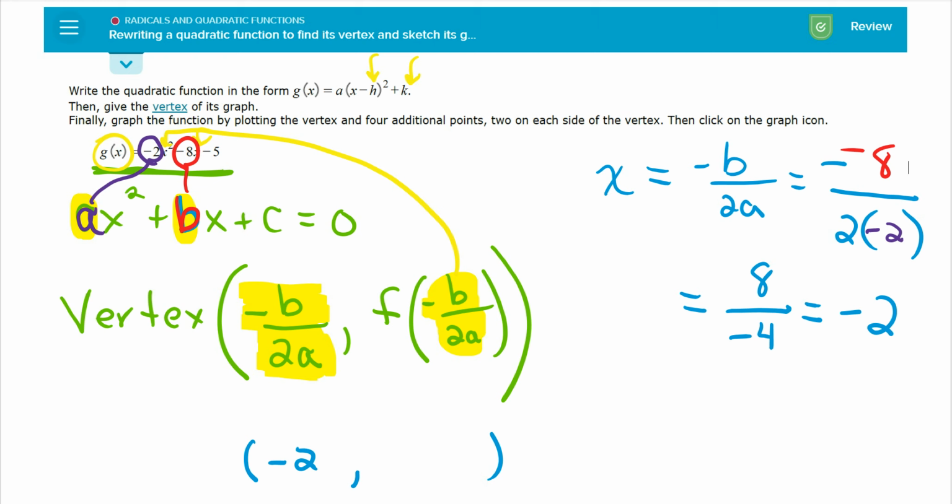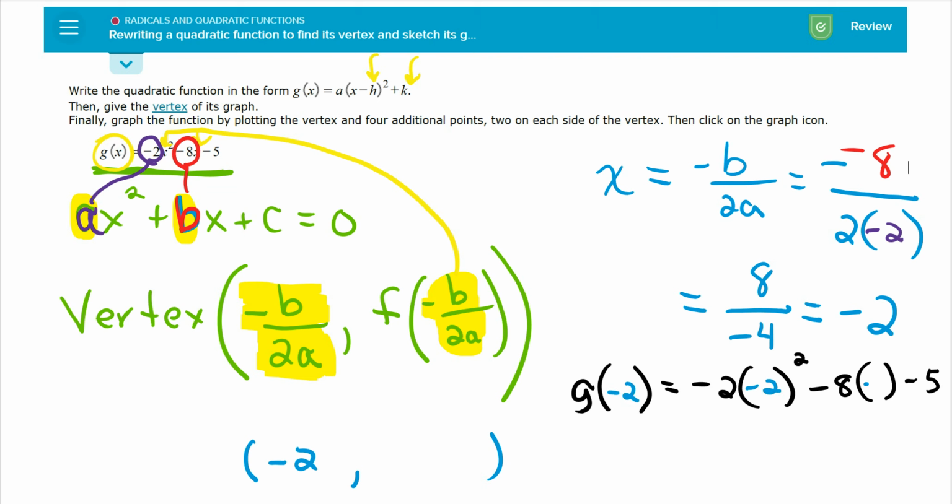So I am going to take that negative 2, and I'm actually going to calculate. It was g of x equals negative 2 times x squared minus 8 times x minus 5. And I'm going to calculate g of negative 2. So I'm just sticking negative 2 everywhere in that function where there was an x.